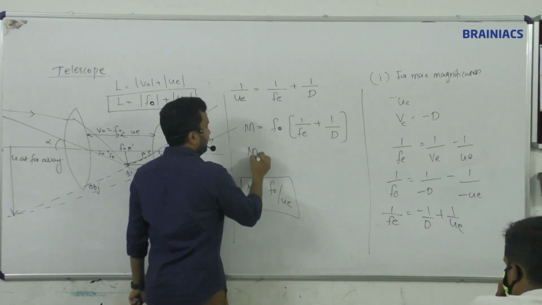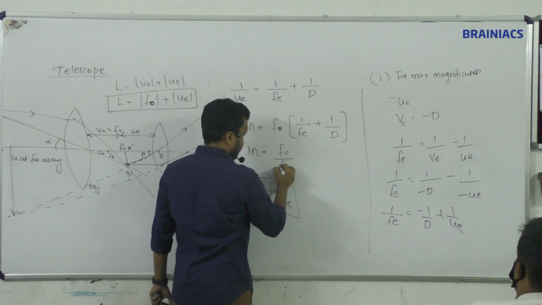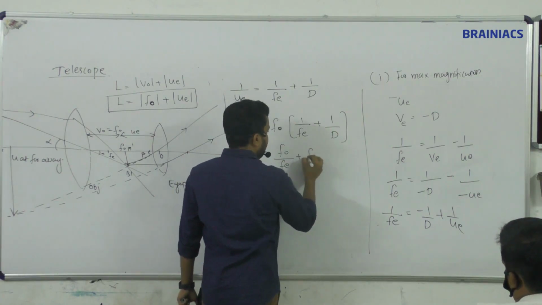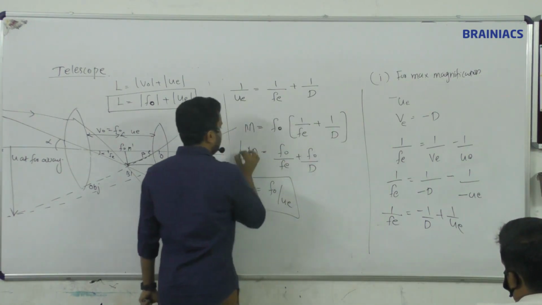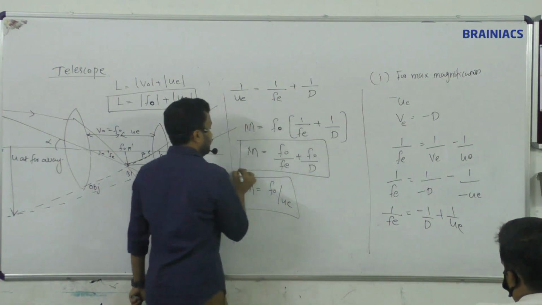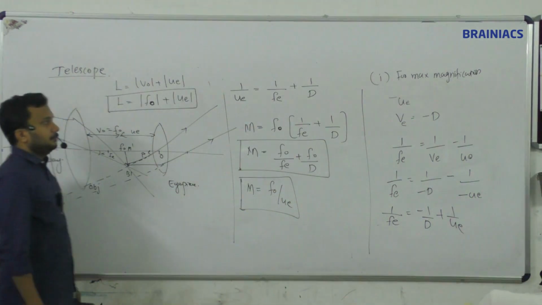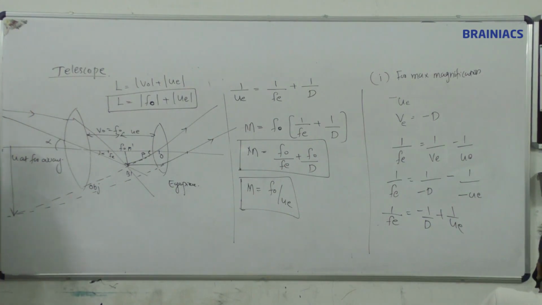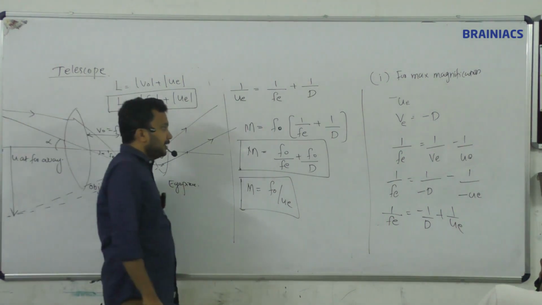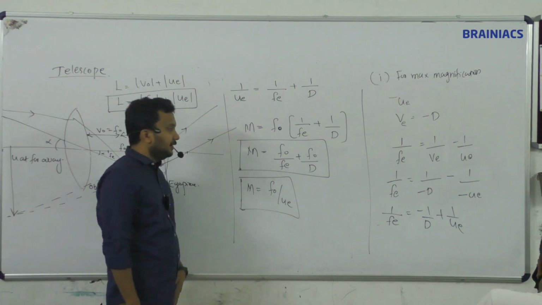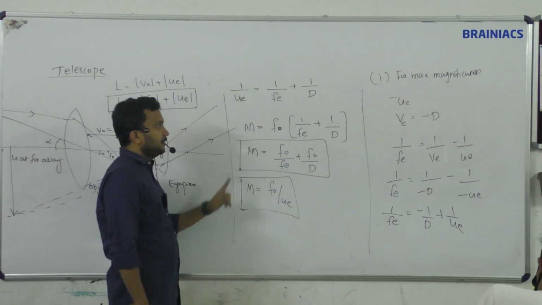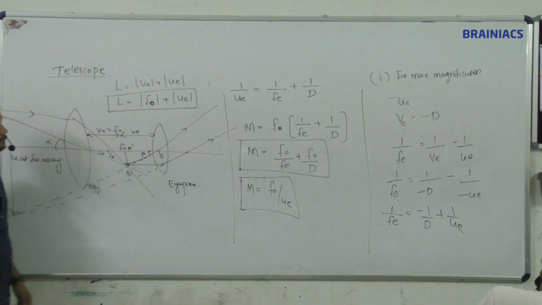Multiplying, we get F naught by FE plus F naught by D. This is the condition for maximum magnification.